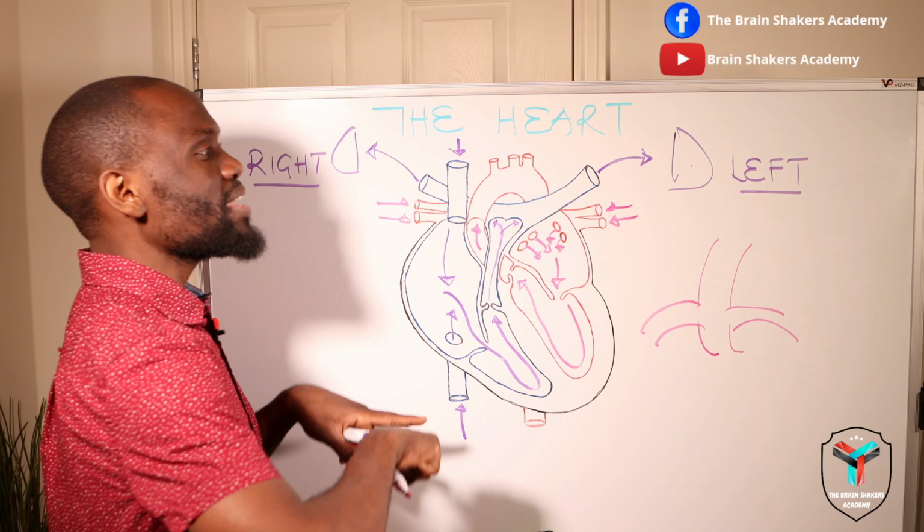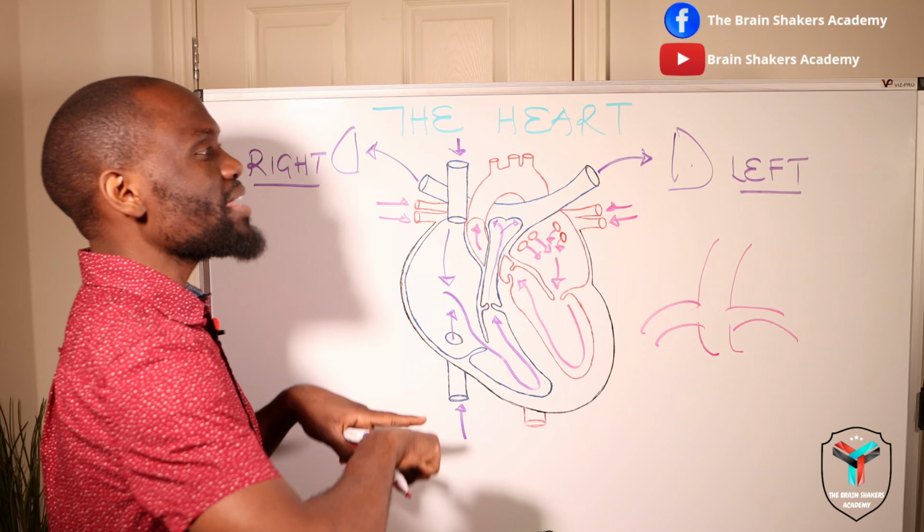As the blood is pumped into the pulmonary artery, the blood then goes to the left lung and also to the right lung. So blood which is deoxygenated is going to the lungs this side to go and be oxygenated.